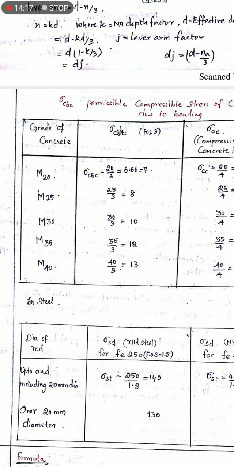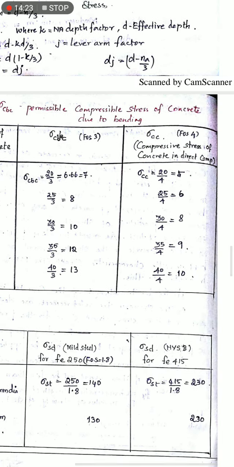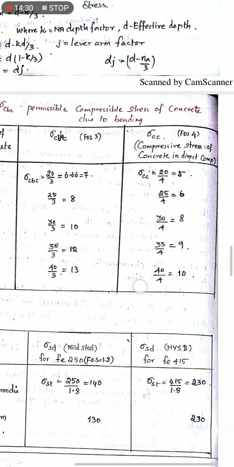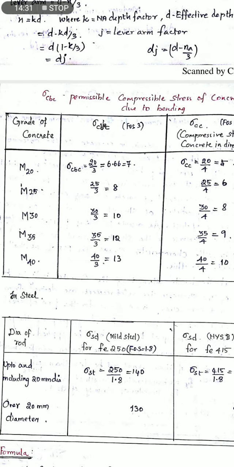While calculating sigma CBC, we use a factor of safety of 3. Similarly, while calculating sigma CC, we use a factor of safety of 4. Okay, so how to obtain it?